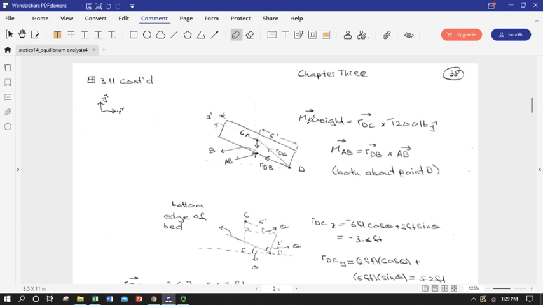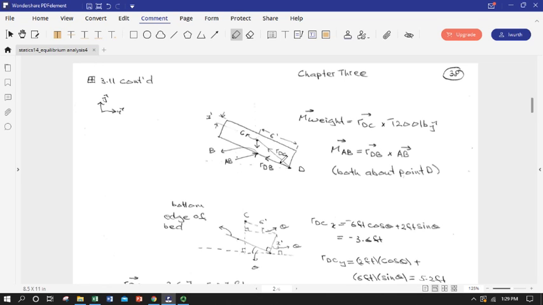So I started with the moment of the weight about point D. I know the weight is applied here at point C, and I can draw a radius vector R_DC up to point C from the hinge point at B, and then I can cross it into the weight.